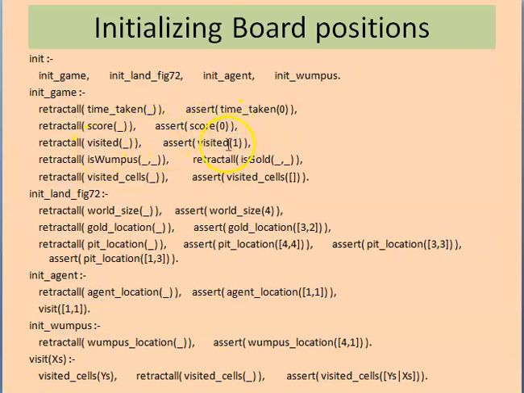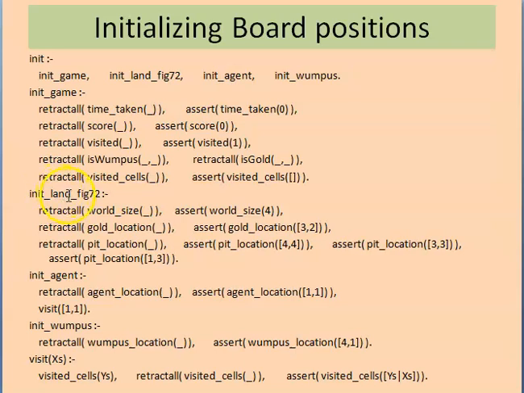Visited, we will set to 1. Then for the Wumpus, we will retract all the values. Gold also we will retract all the values, and visited cells also we will retract the values and re-initialize with an empty list, so that when we play the game, the new cells will be added here.